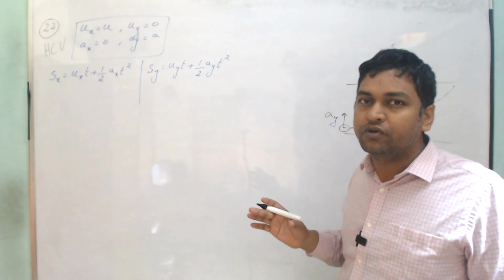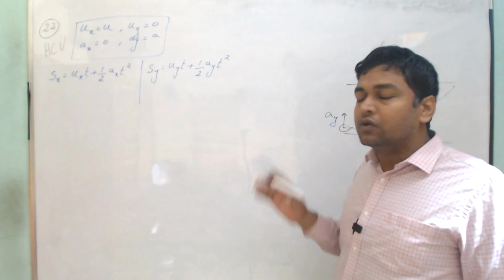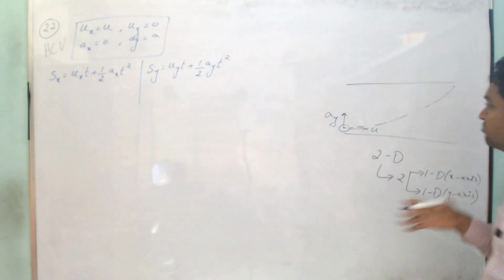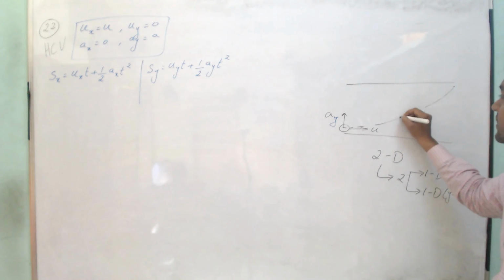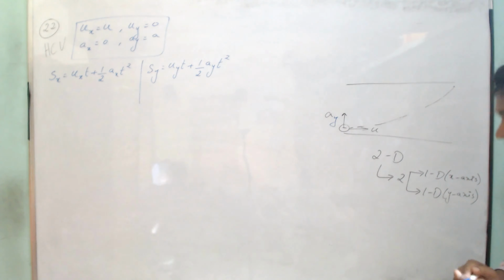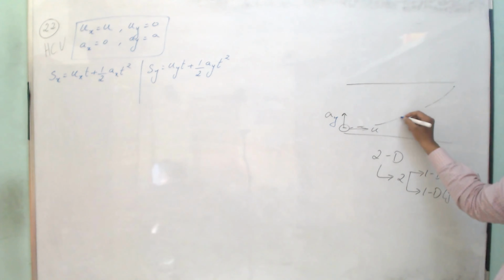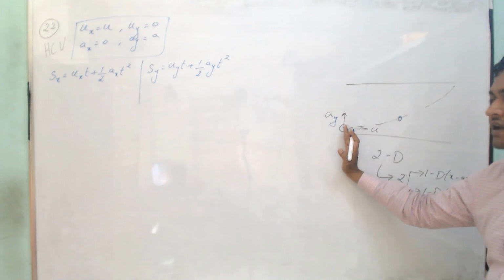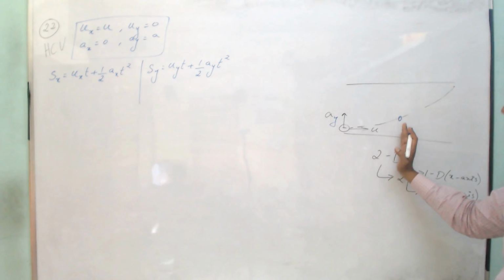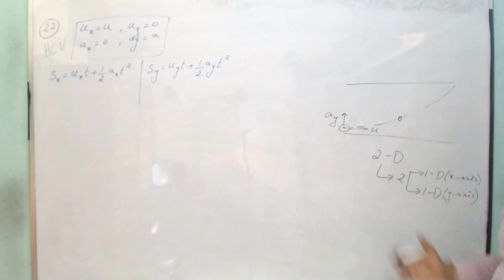Are you getting my point? But the particle is the same particle, irrespective of where it is through the journey. So if in a given time t it is here, we are writing Sx in terms of t and Sy in terms of t.